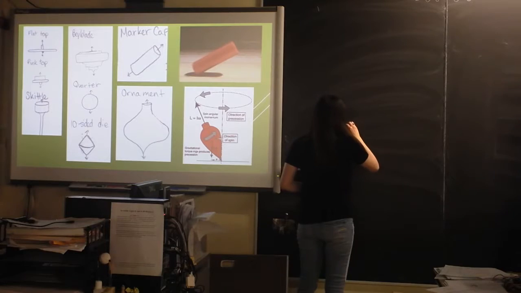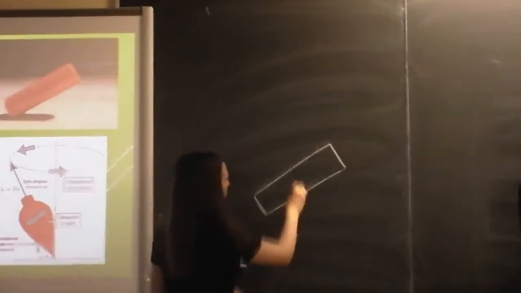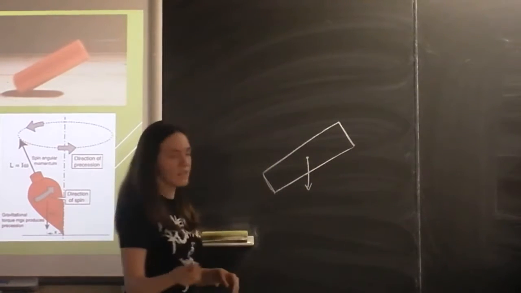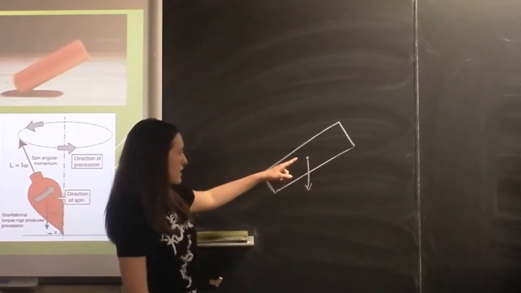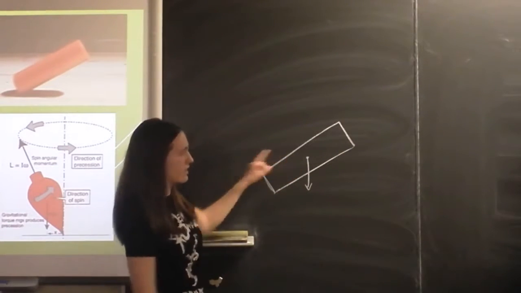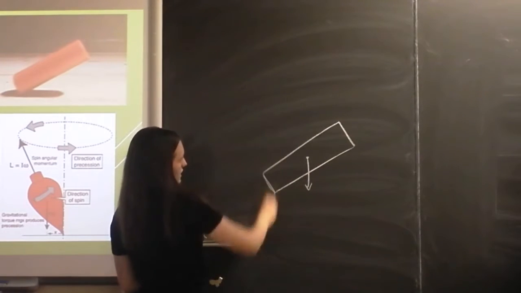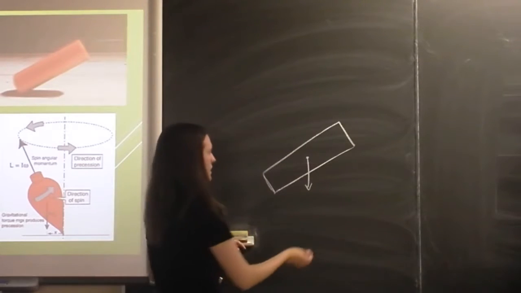If this is the marker cap here, you have the force from gravity pointing like that, but then you have the angular momentum from the rotation, because this marker cap is rotating along its own axis this way, but it's also rotating along an axis this way about that point, so it's going around like this. And there's a video of it.